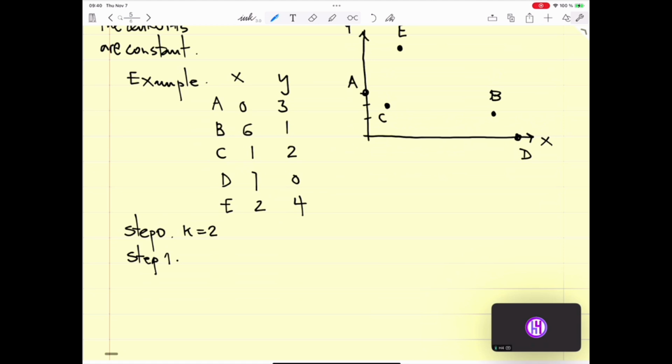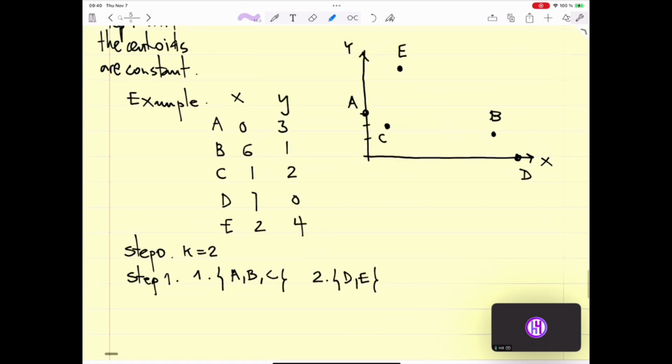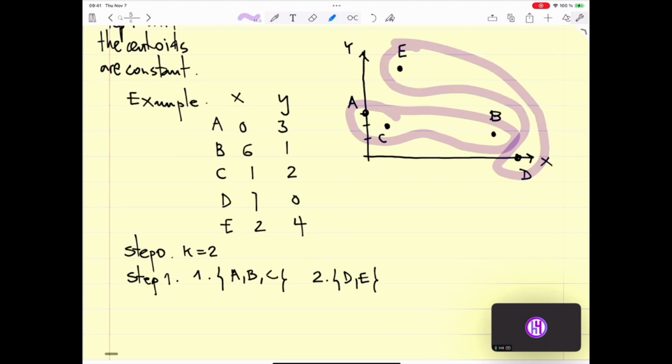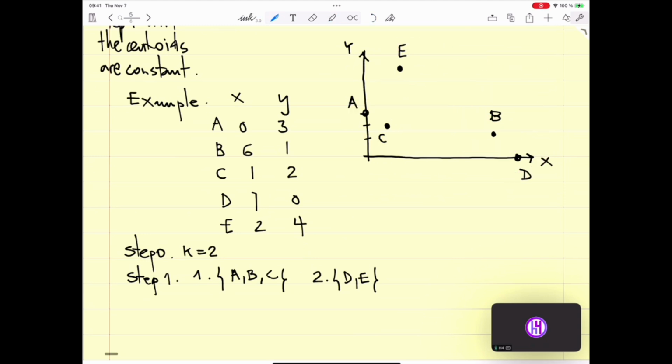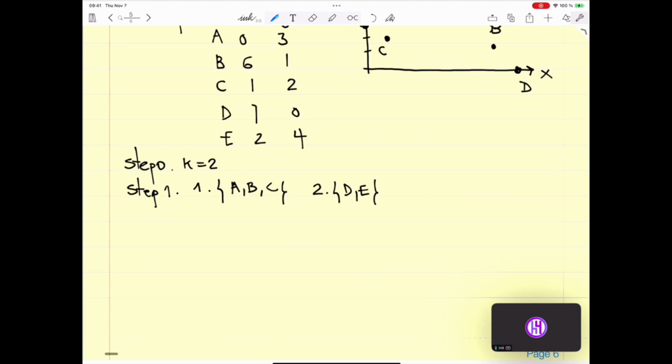Let's take some clusters that are not real: A, B, and C, and then D and E. Why I say it's not real, because intuitively we would say this is the cluster, right? But I take this and I take this alphabetically, just so that we train a little bit.